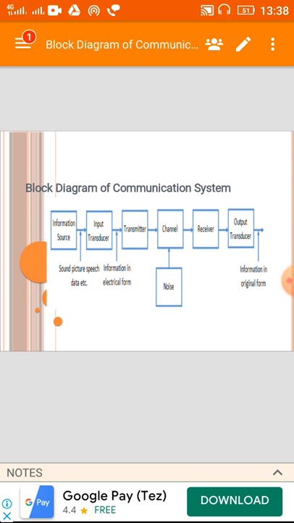First block is information source. As we know, a communication system serves to communicate a message or information. This information originates in the information source.